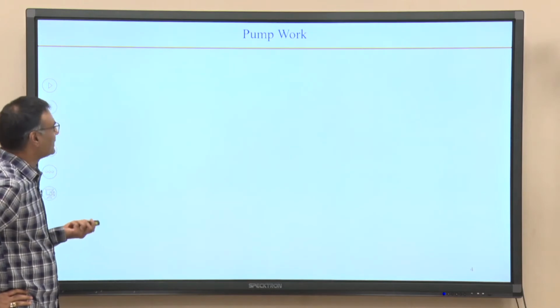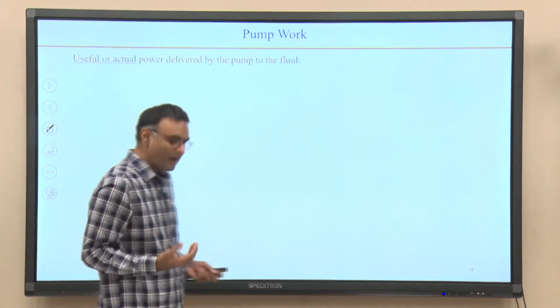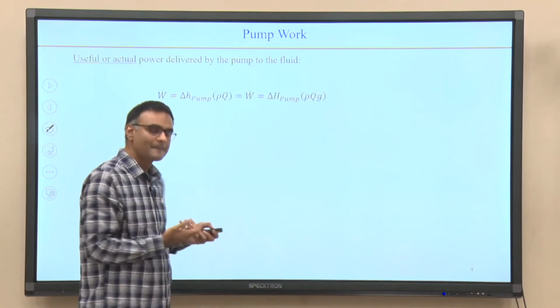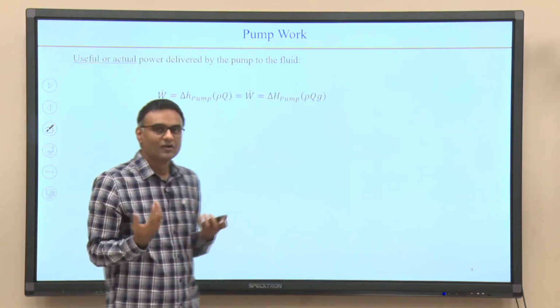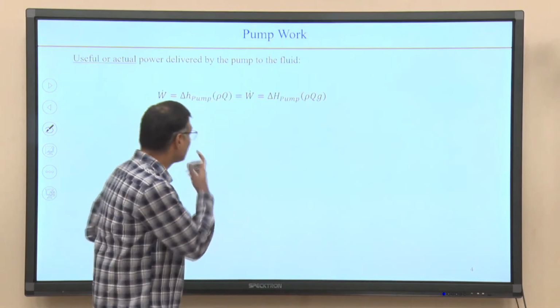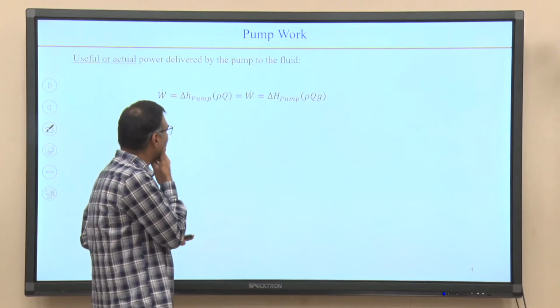Now, we can calculate pump work or the power required. When we talk about work, it is basically force multiplied by displacement.